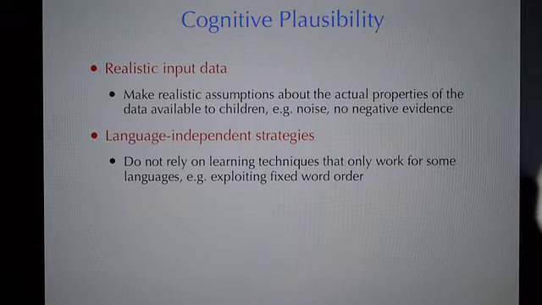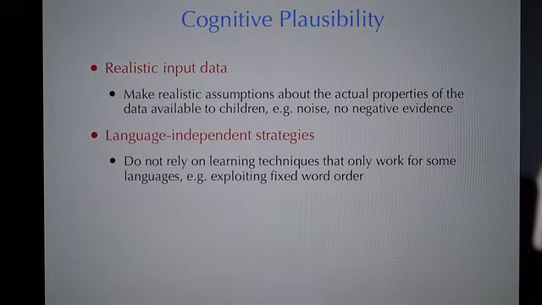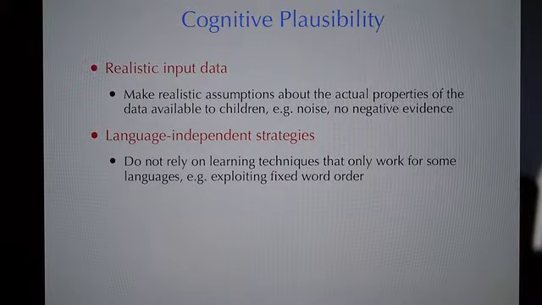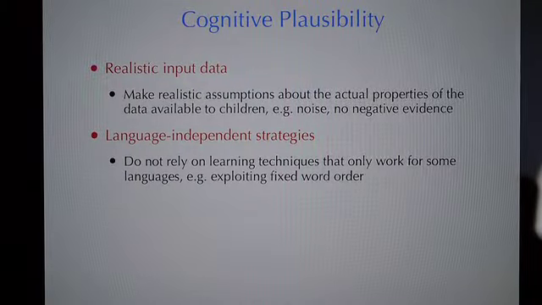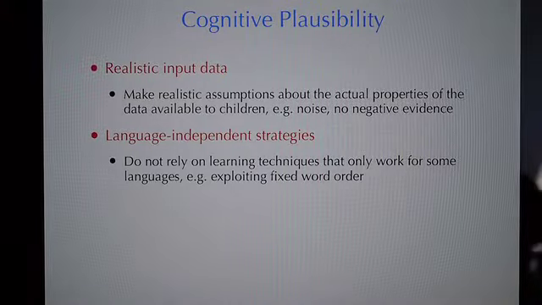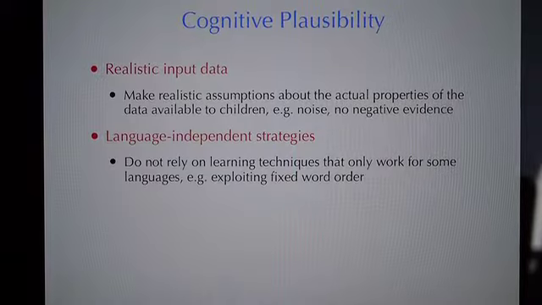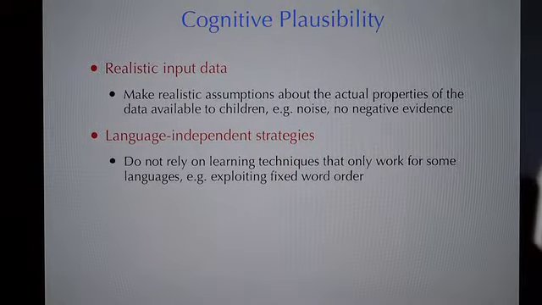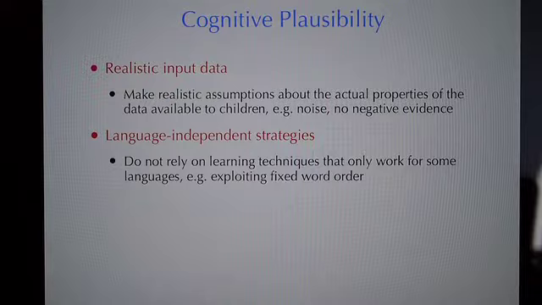Also, we cannot really rely on strategies that are very specific to a particular language. For example, if you assume that the word order of the language that you're hearing is fixed, and then develop a model based on that assumption, this model cannot really be easily generalized to cases where you have a free word order language, where the marking of various grammatical functions is done differently using another device, for example, morphological tools, rather than using a fixed word order.